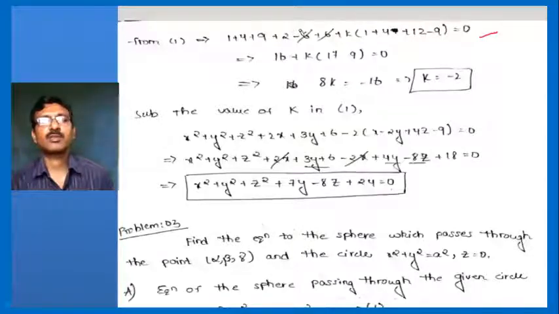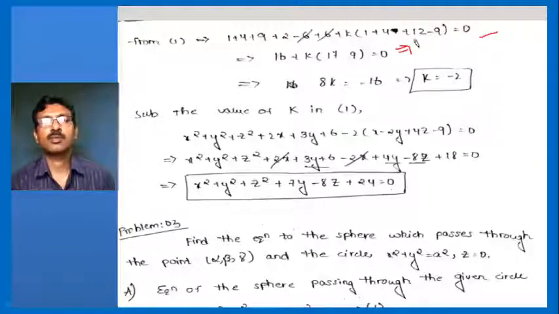On simplification, 5 plus 9, 14, plus 2, 16; minus 6 plus 6 get cancelled, and the k coefficient is, here it is 5 plus 12, 17, minus 9, that is 8.